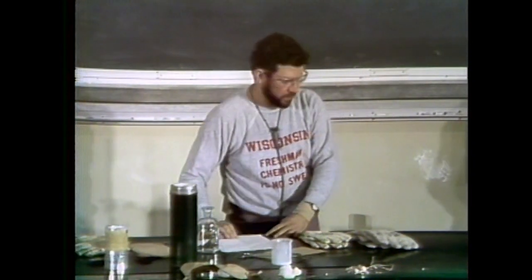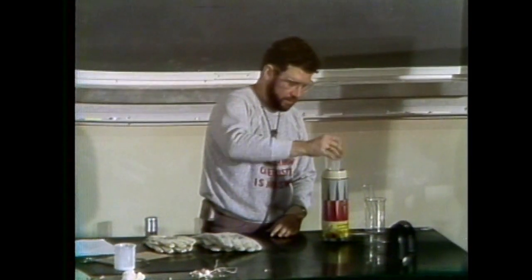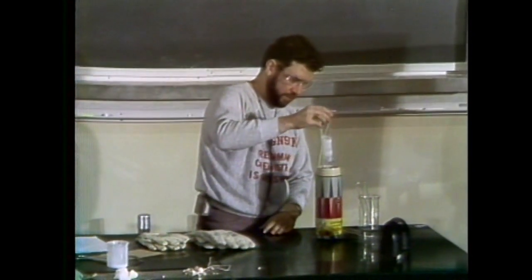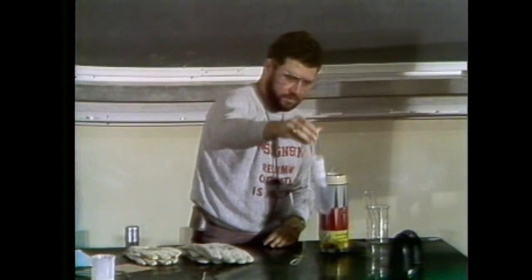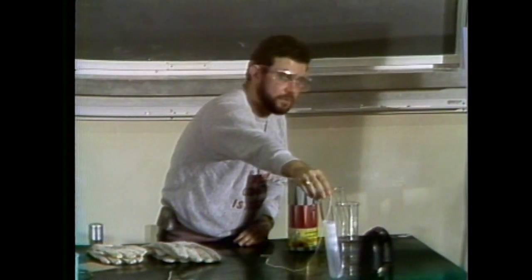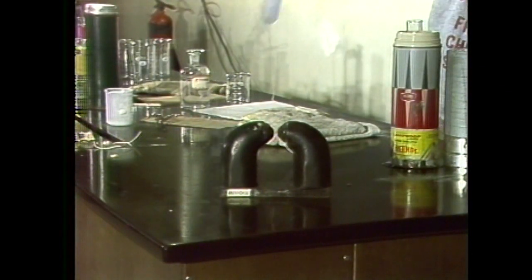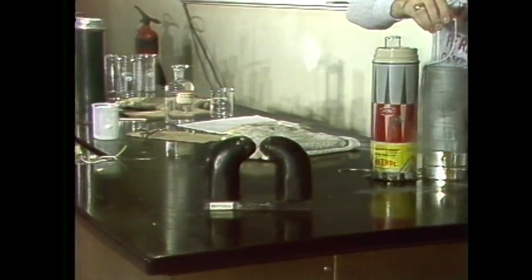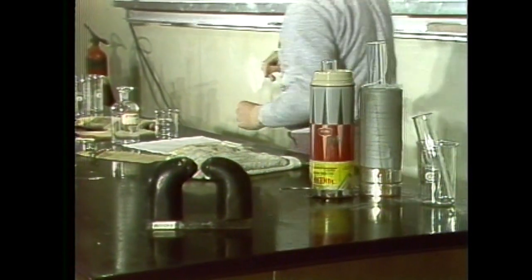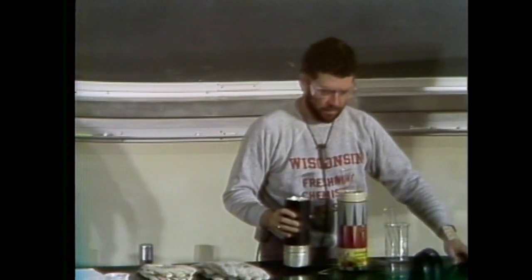For one thing, liquid oxygen is a blue substance, and what I have here is some liquid oxygen. I don't know if you can see that it's blue, but what I'm going to do is go through a demonstration to show you that the properties of liquid nitrogen and those of liquid oxygen are different.